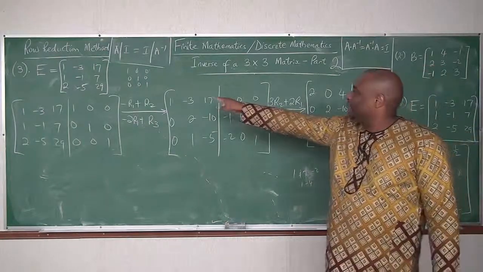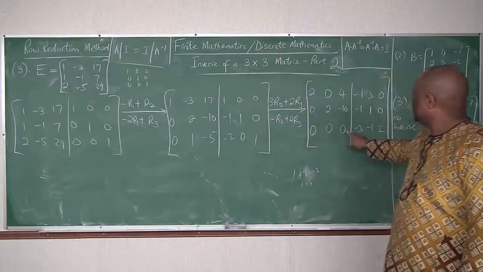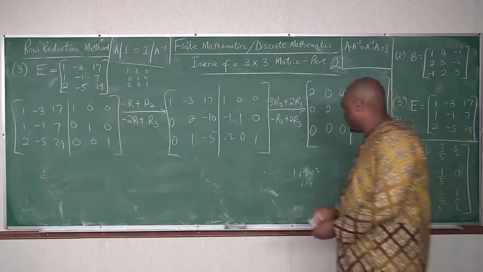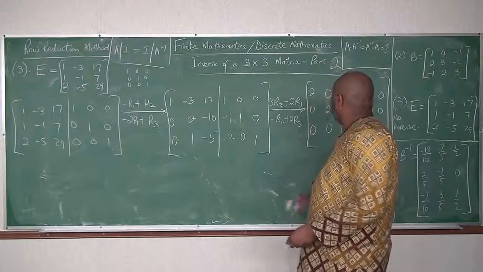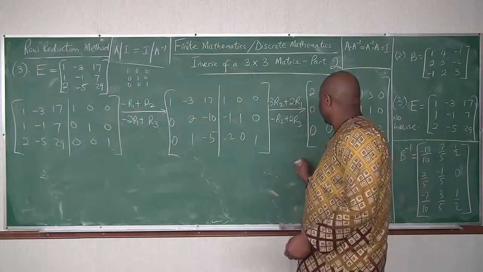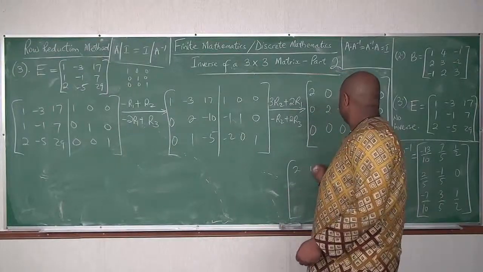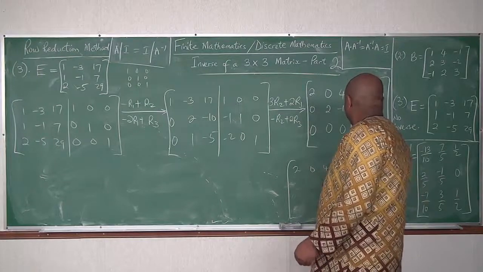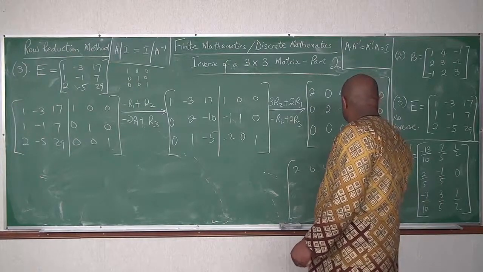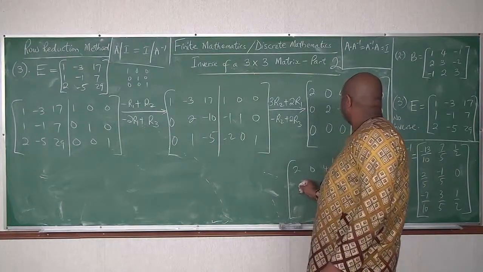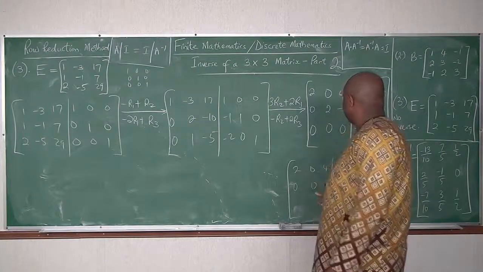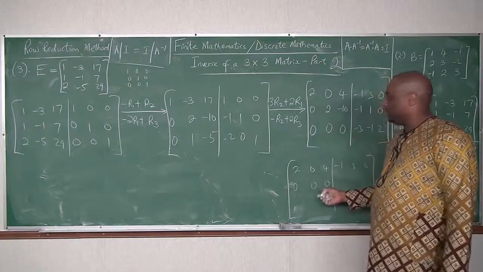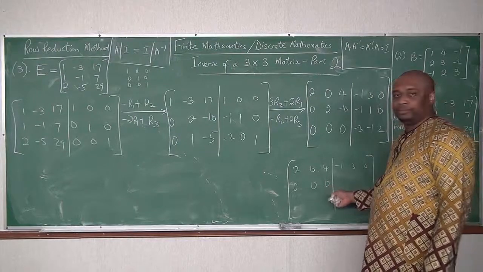We can't make this an identity matrix. Assuming we interchange it, we now have 2, 0, 4, negative 1, 3, 0, 0, 0, 0. You see, it will still be 0, 0, 0, not 0, 1, 0.